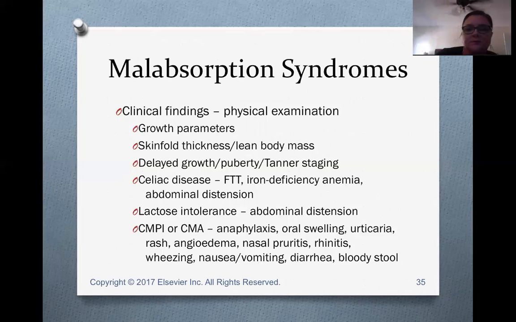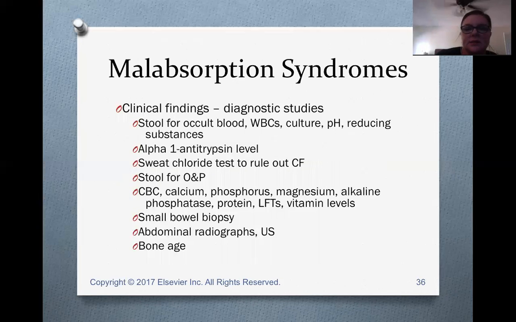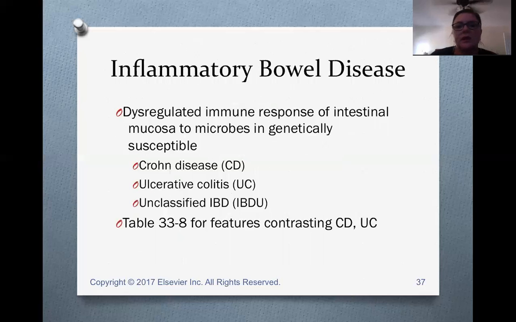So these are just a few examples of malabsorption syndromes that we see, and some testing that goes along with those syndromes. And a lot of these are done, certainly, after a GI referral, where they'll look further for that. But I did want to discuss the difference between the two most common inflammatory bowel diseases.